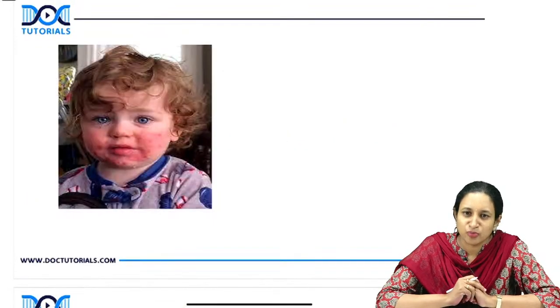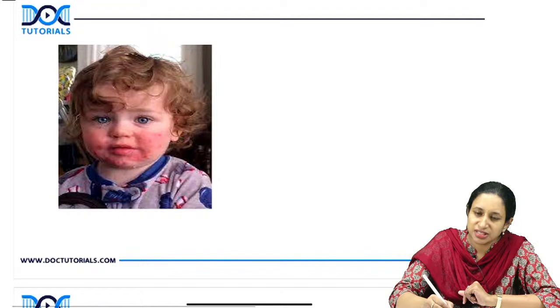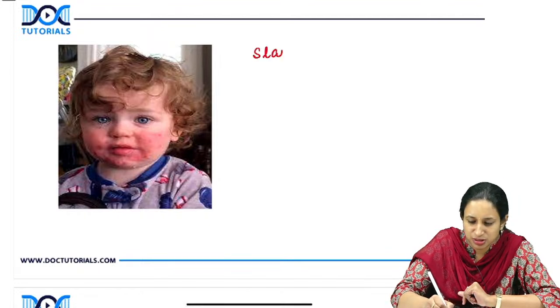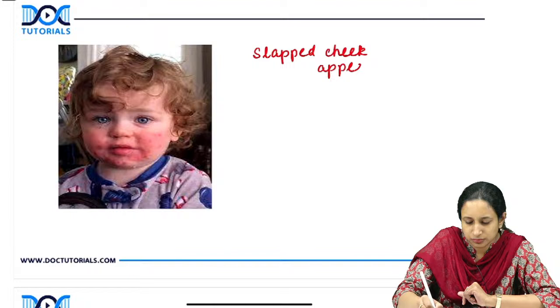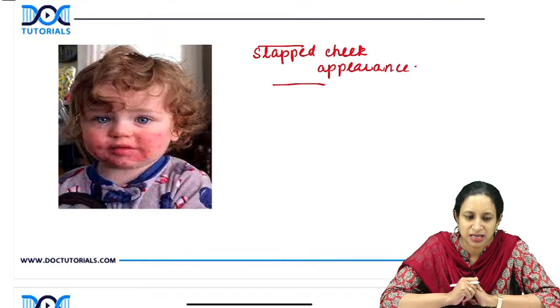Can you identify what this appearance is? What is this appearance known as? This appearance is known as slapped cheek appearance, an appearance which is very significantly seen.